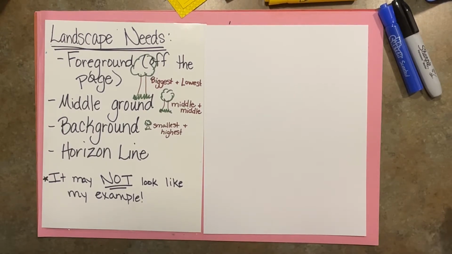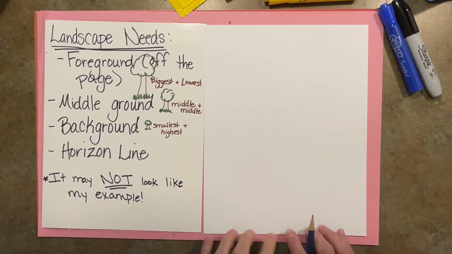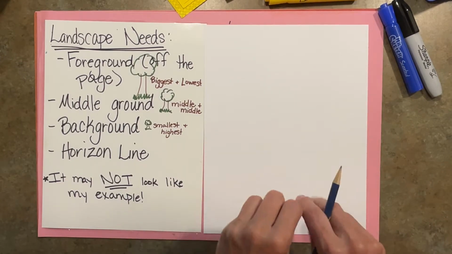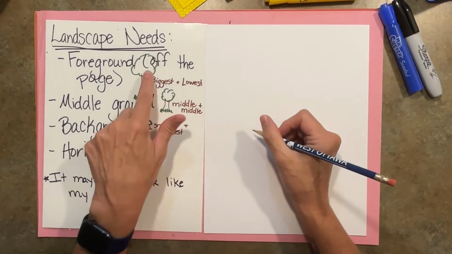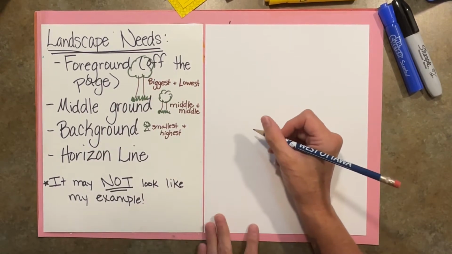Last year, if you took my art classes at WOVA or any of the face-to-face second grade classes, then you learned how to make a tree. So foreground is the front. When we draw, we start from the front and work our way back. So our biggest things are closest to us.